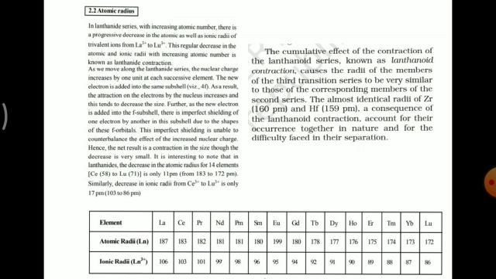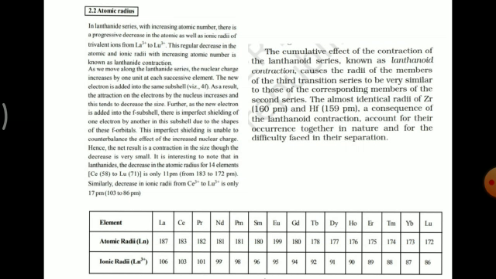Now, the next, as the new electron is added to the same subshell, that is the 4f subshell. Here the added electron will enter into the same 4f subshell. Hence, one more effect operates, that is the screening effect. Here, the screening effect is ineffective.